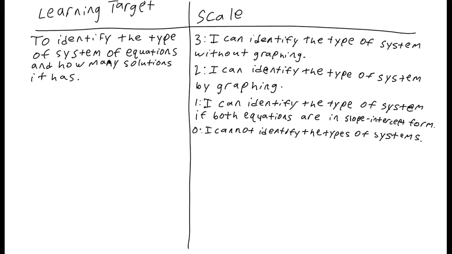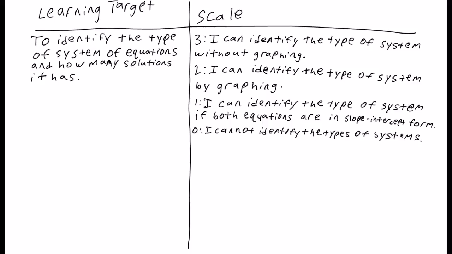On the scale, you're a 3 if you can identify the type of system without graphing. You can do it without graphing, and I'll show you how, but you also need to be able to graph it. Number 2, you can identify the type of system, but only by using graphing.